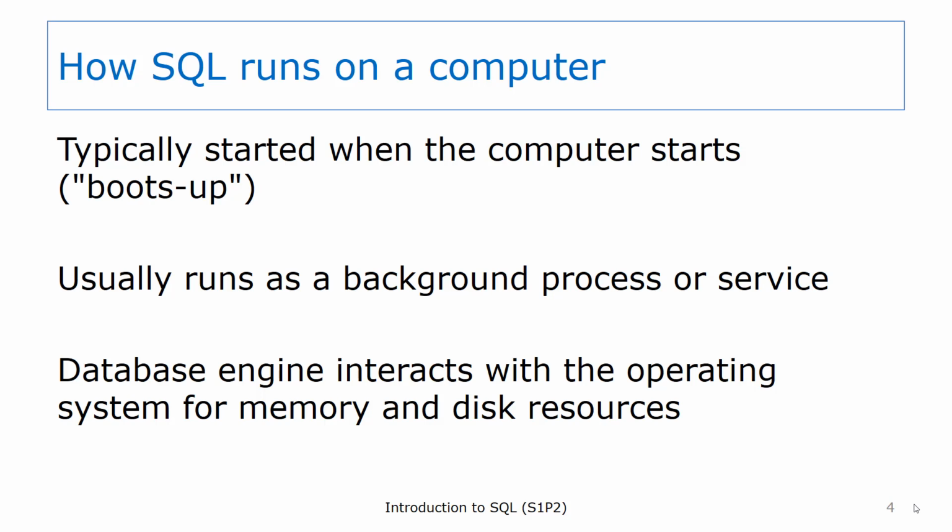In addition to controlling the objects within the database, the database management system interacts with the operating system of the computer. For example, if you install MySQL on a PC running Windows, the MySQL database management system interacts with Windows to request memory and disk resources from the Windows operating system.